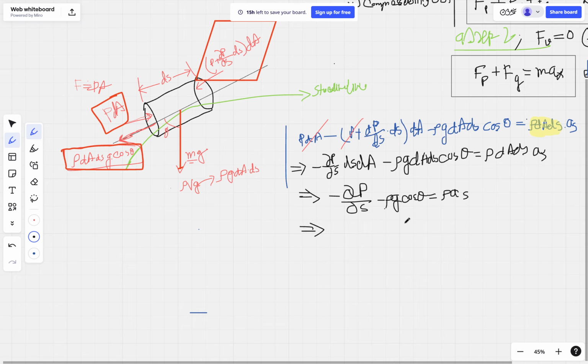Okay, so after that, with further simplification, we're gonna get del p by rho g, and then over here we're gonna get cos theta equals a_s by g, right?